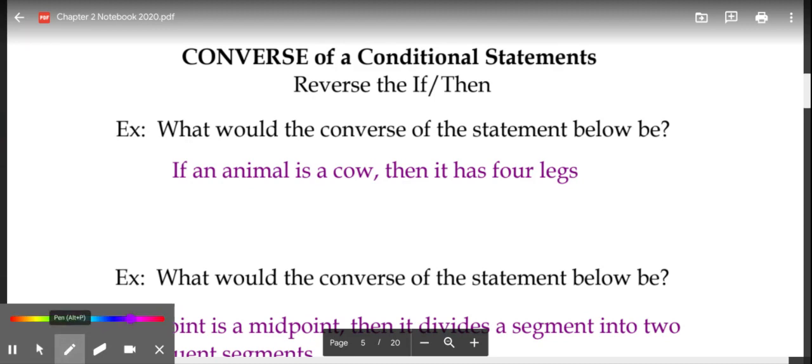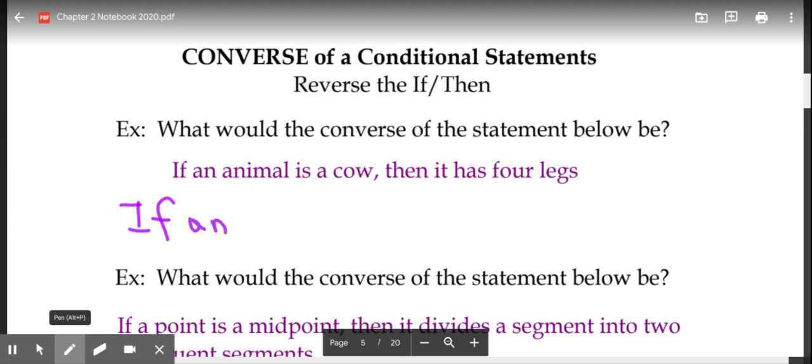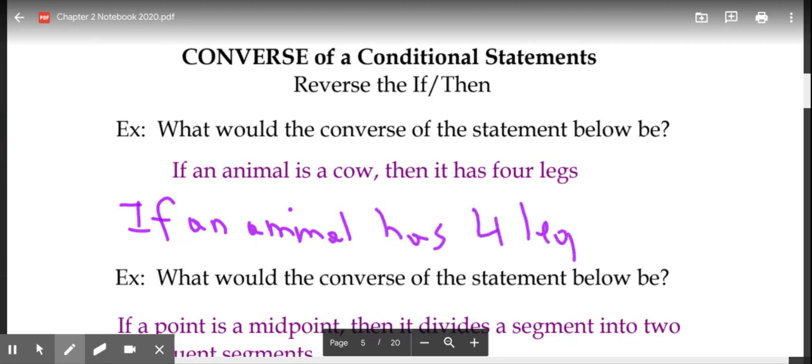Okay? So in this case, I will have if an animal has four legs, then it is a cow.